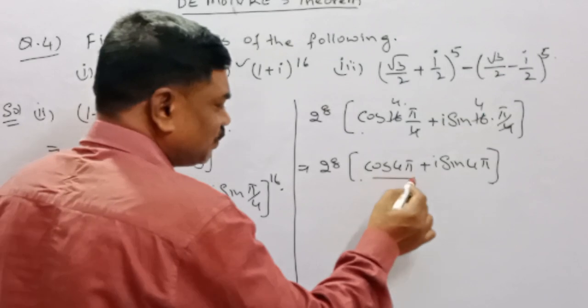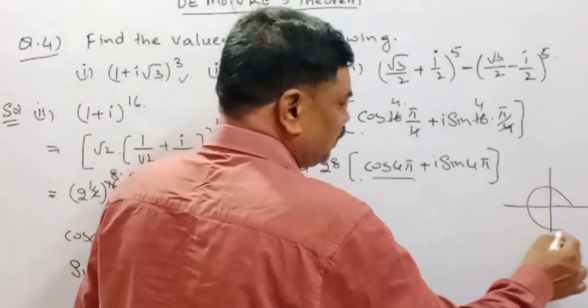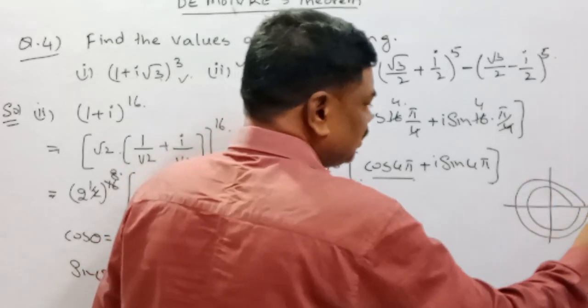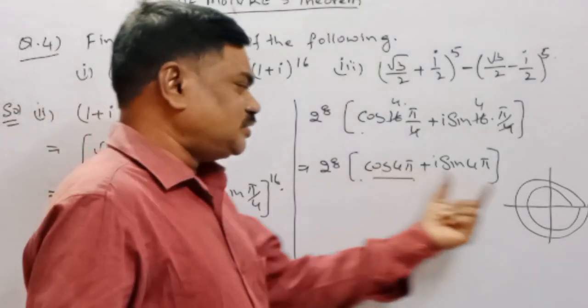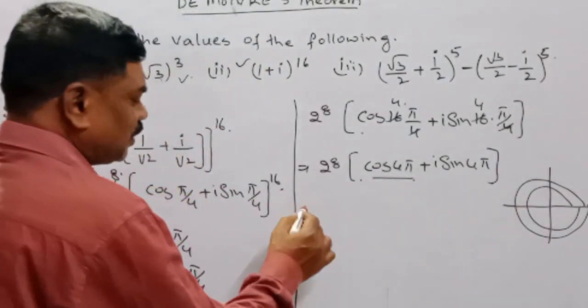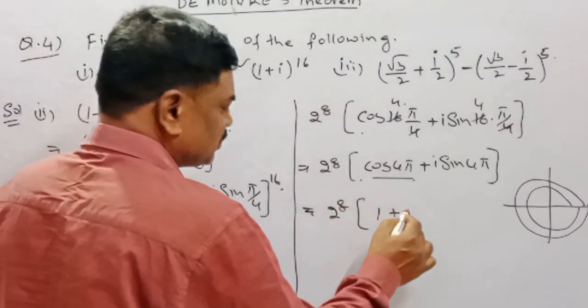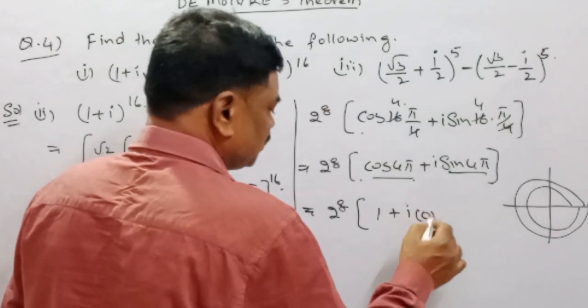What is cos 4 pi? One complete rotation is 2 pi and two complete rotations is 4 pi, so this is nothing but cos 0, which is 1. So 2 power 8 into (1 plus i into sin 4 pi, which is 0).